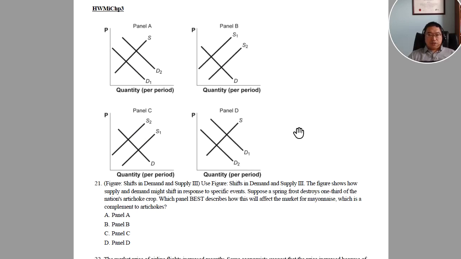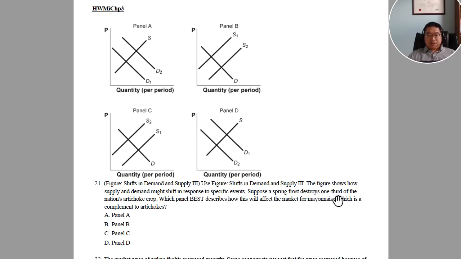Okay, question 21. Still this kind of picture. Panel A, 1 to 2, increase in demand. Panel B, 1 to 2, increase in supply. Panel C, 1 to 2, decrease in supply. Panel D, 1 to 2, decrease in demand.